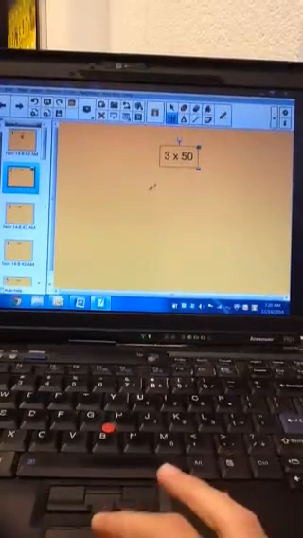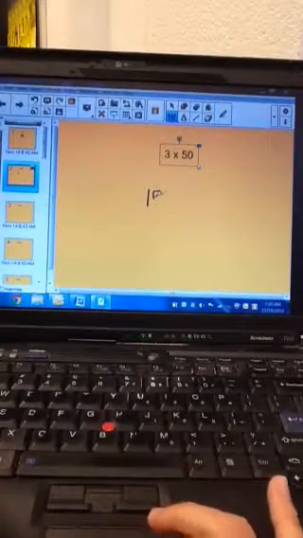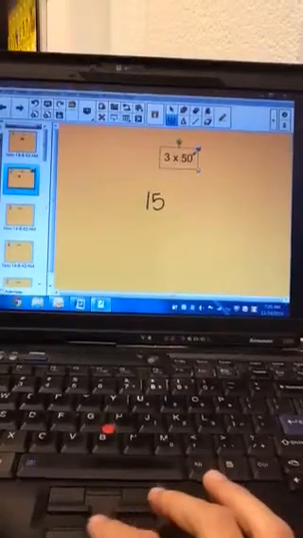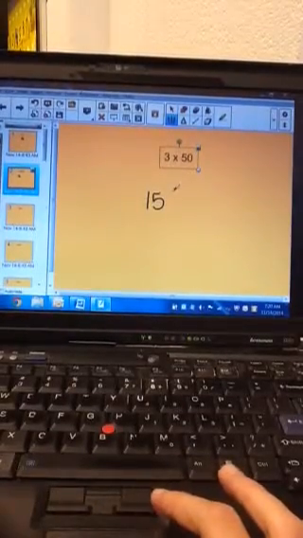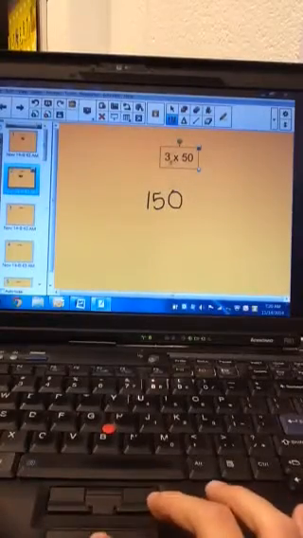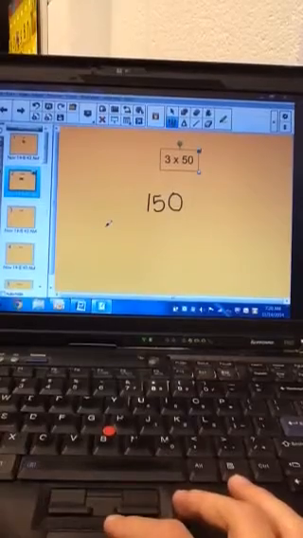And 3 times 5 we already said was 15. Then we have 1 zero right here, so we add that to the end. And our answer to 3 times 50 is 150. Pretty simple, isn't it?